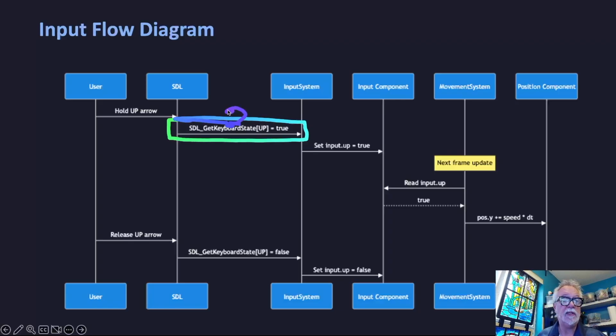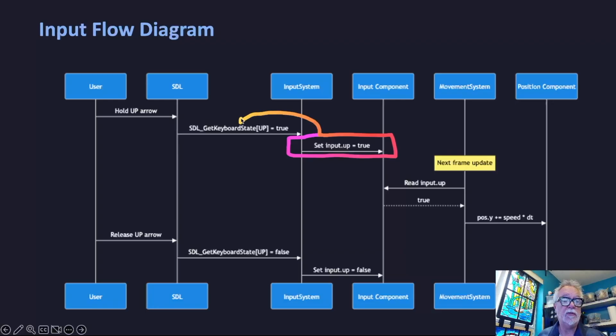And how SDL does this is none of our concern. All we know is that at the beginning of this frame, I set my input up to be true, because what I'm doing is I'm asking SDL for the value of this variable here, and I'm going to just add it to my input component, right?